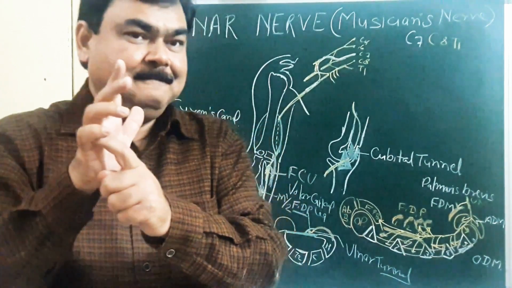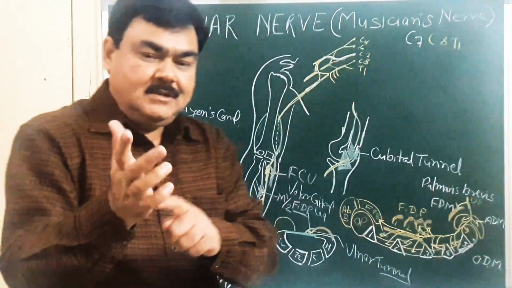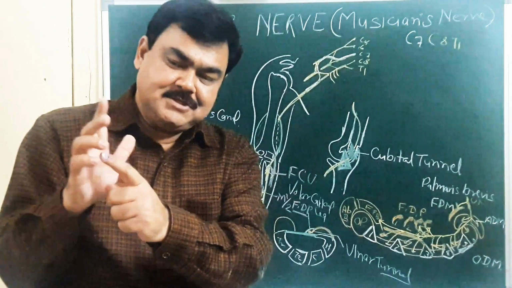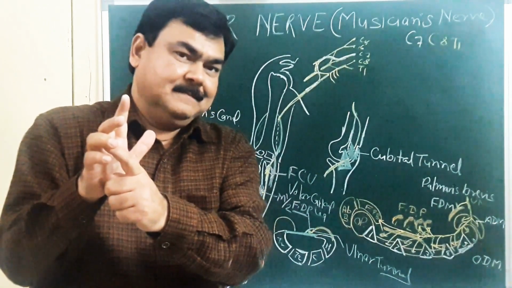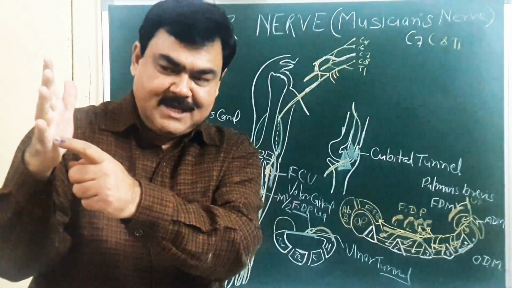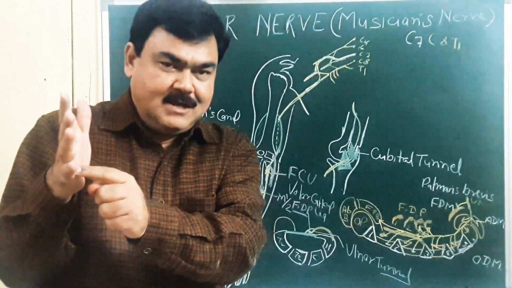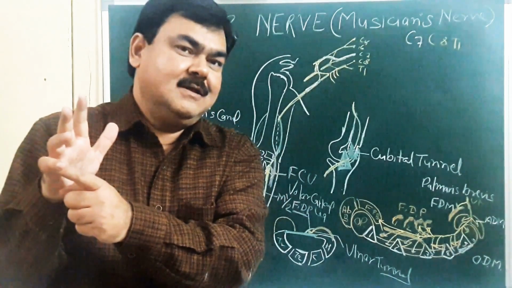If the lesion is at the level of the wrist, then there is also flexion at the distal interphalangeal joint. If the lesion is here, there is hyperextension at the metacarpophalangeal joint and flexion at the proximal interphalangeal joint.